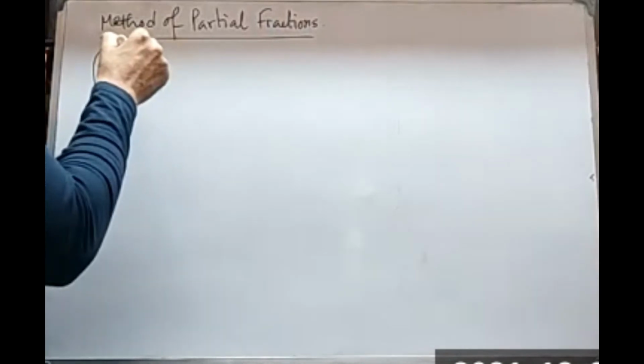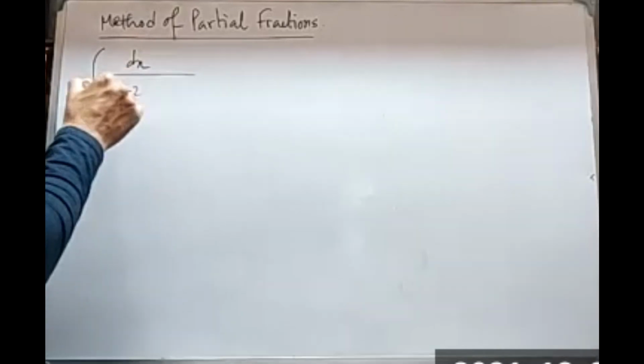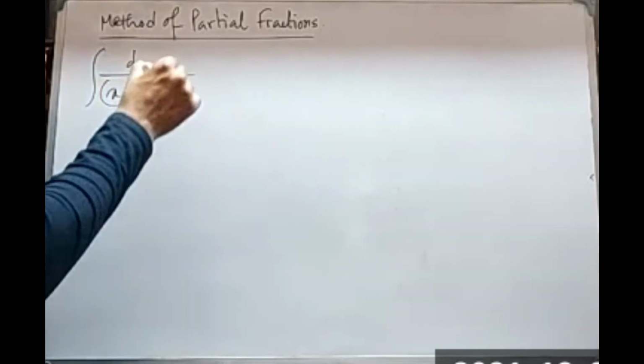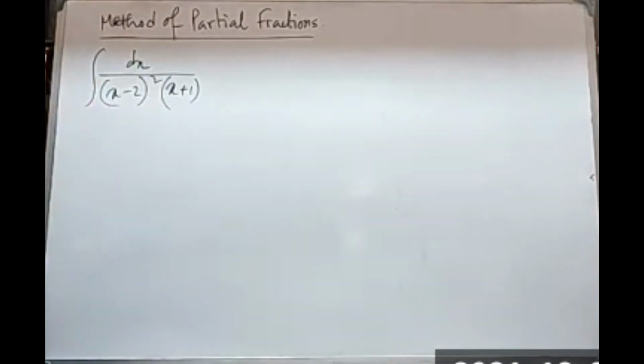Say dx by x minus 2 whole square into x plus 1. As we have seen for distinct factors, every distinct factor will give a term like a1 by x minus a.